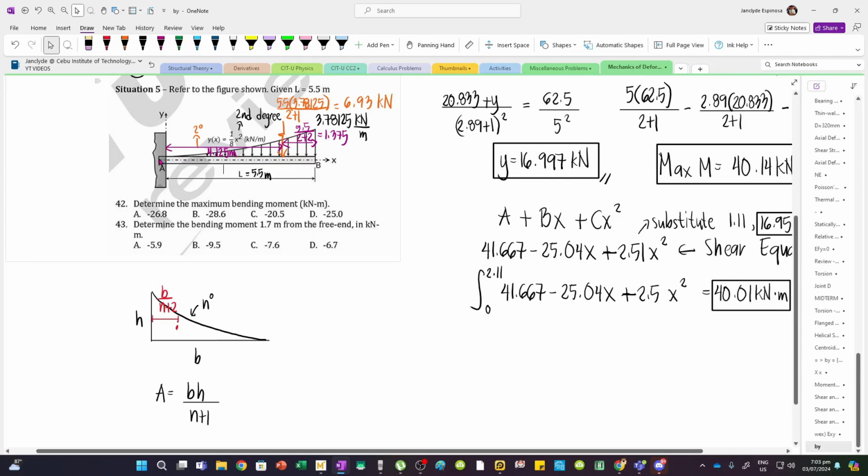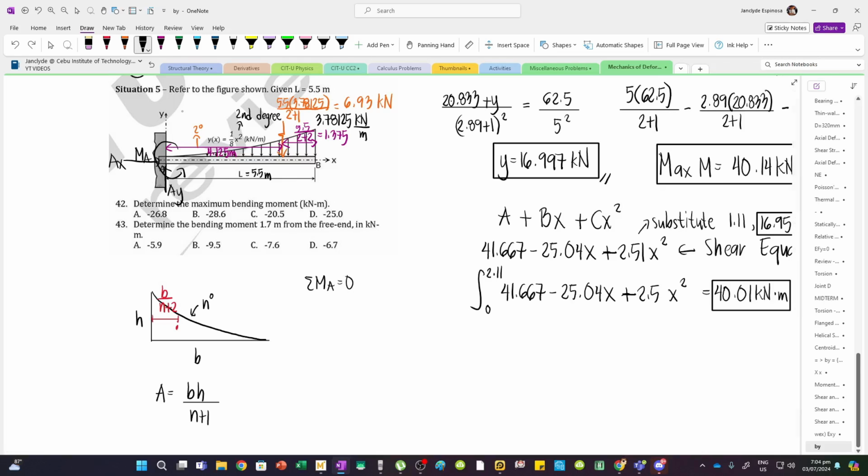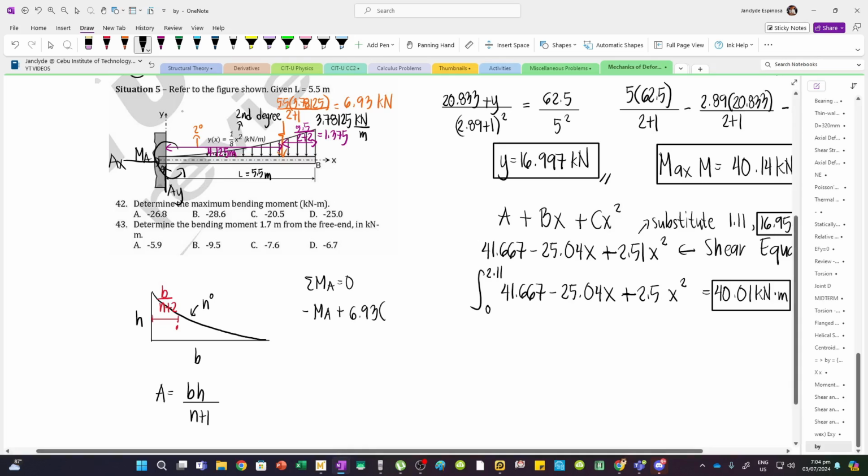And so taking moments about A, we have a counterclockwise reaction. We also have a vertical reaction and a horizontal reaction. So taking moments about A, as assumed, we have counterclockwise, so minus MA plus 6.93 multiplied by the moment arm, which is 4.125.